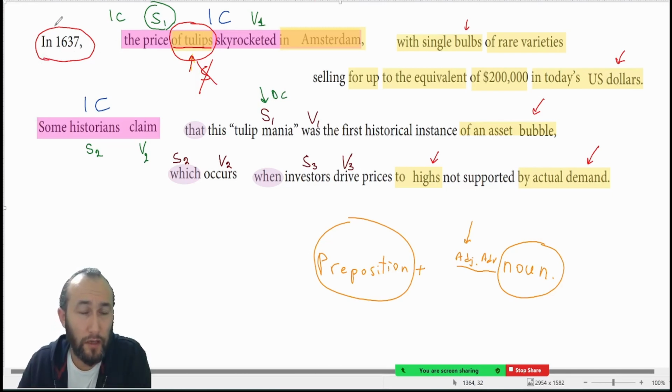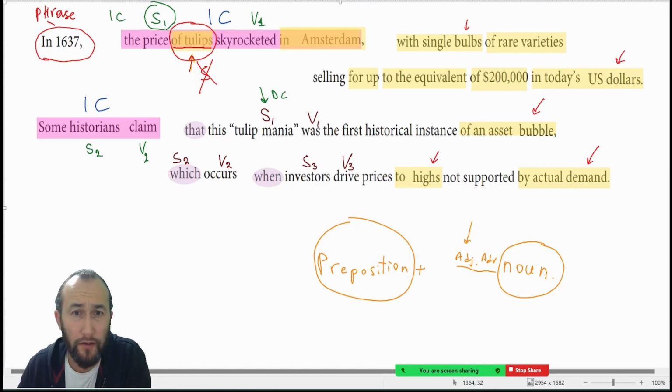Or in other words, we can say adverbial phrase because it's showing the time. So in any case, that is a phrase, guys. And why do we call them phrases? Because there is no subject and verb relationship in that structure.